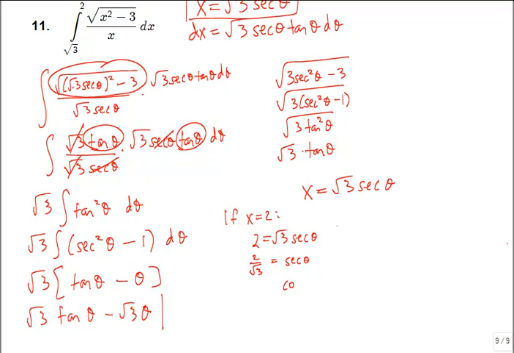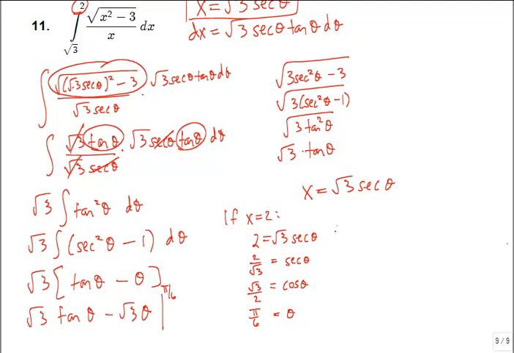So I'm going to flip this around and change it to cosine theta equals root 3 over 2. So what angle theta, when you take the cosine of it, gives you square root of 3 over 2? Well, the inverse cosine of root 3 over 2 is just pi over 6. So 2 was the upper bound up here, so pi over 6 is the upper theta bound.